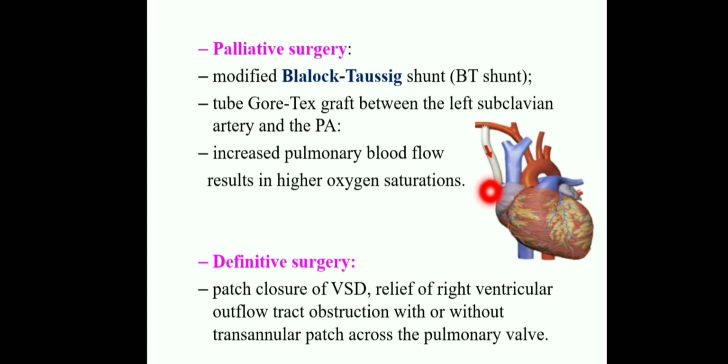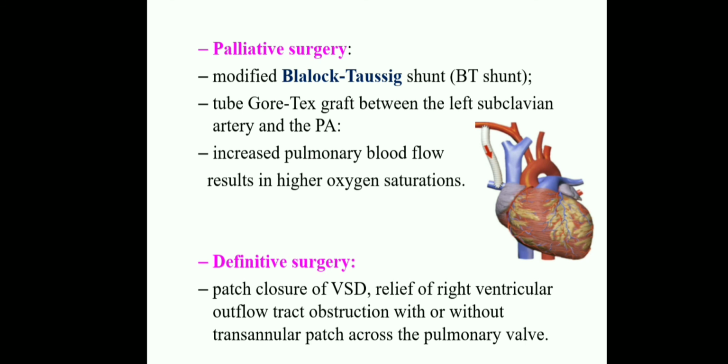In Gore-Tex grafting surgery, they connect the left subclavian artery and the pulmonary artery, diverting the blood flow. They are maintaining the increased pulmonary blood flow, resulting in high oxygen saturations. Okay, this is about the palliative surgery.